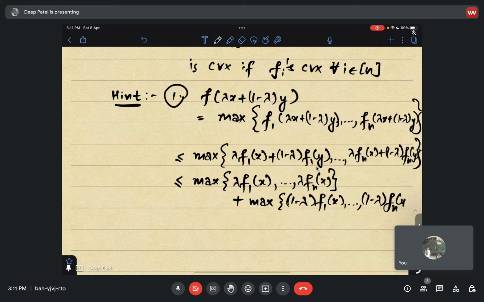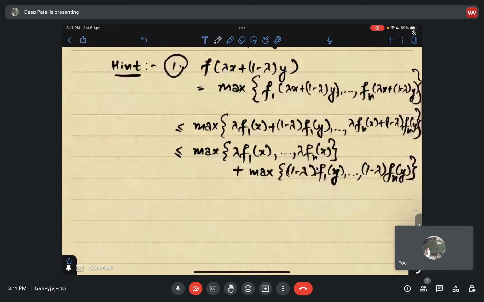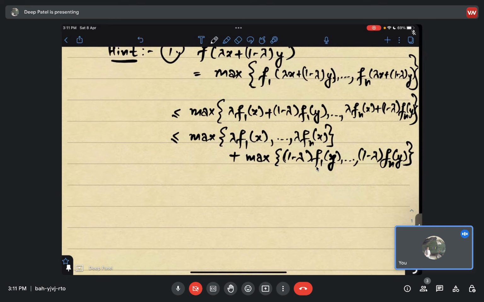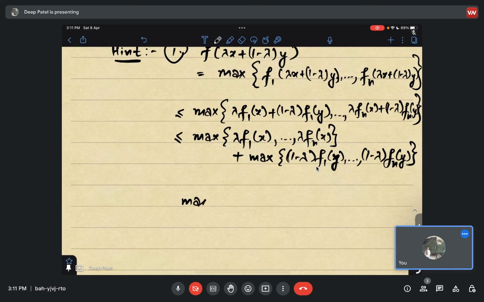It's a sum of two functions, and you are taking the max of them. So maybe what I'll really do is write it like this: lambda x1 plus 1 minus lambda y1. We'll just take two terms and a very simple linear function.